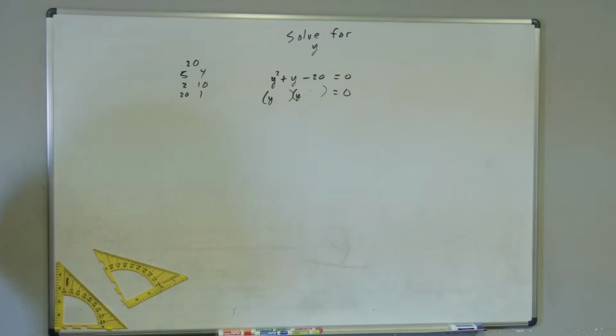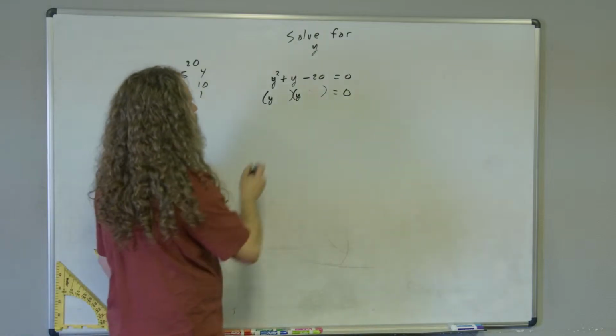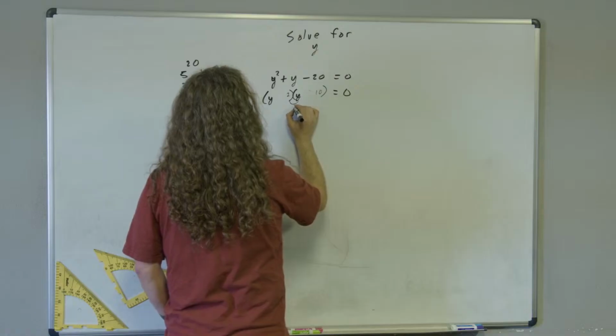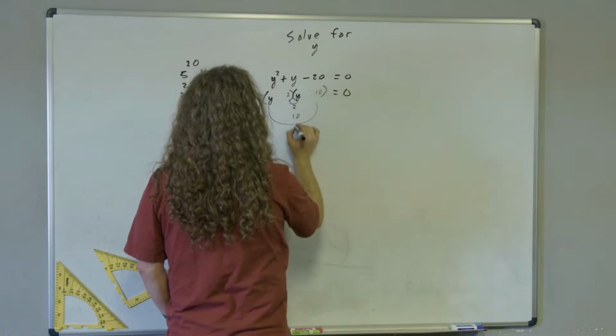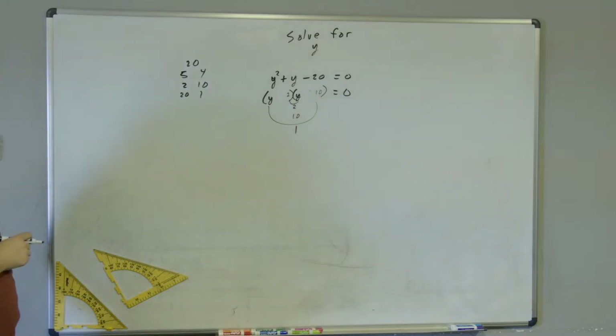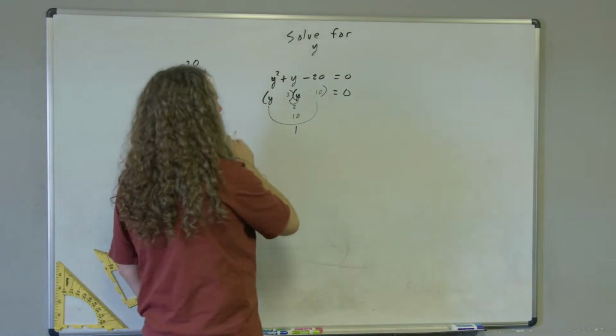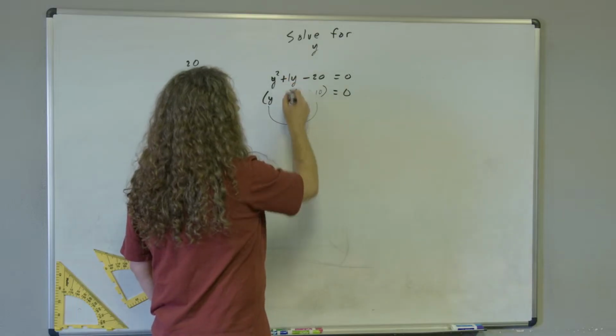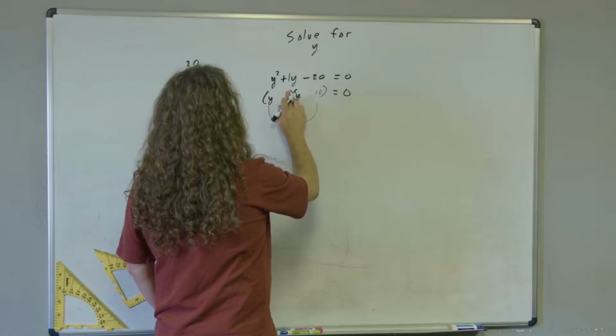What do we want to try? 2 and 10. 2 times 1 is 2. 1 times 10 is 10. We're trying to add or subtract to get 1. Can we do it? No. Definitely not. We're trying to get 1. Why are we trying to get 1? Because of the one right there in the middle. Let's do 5.